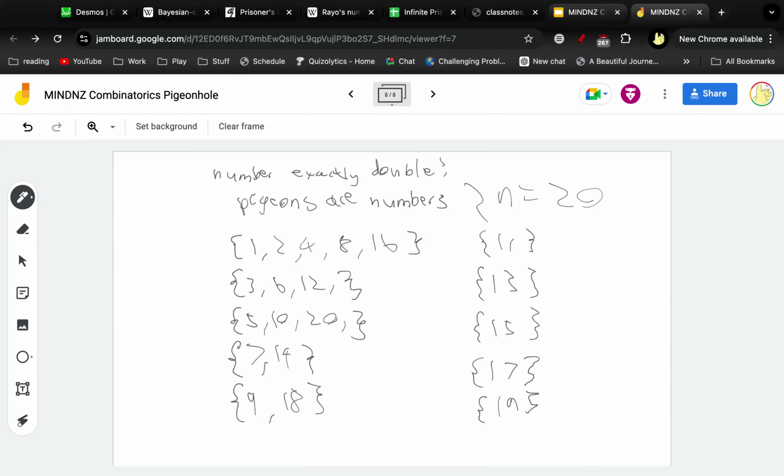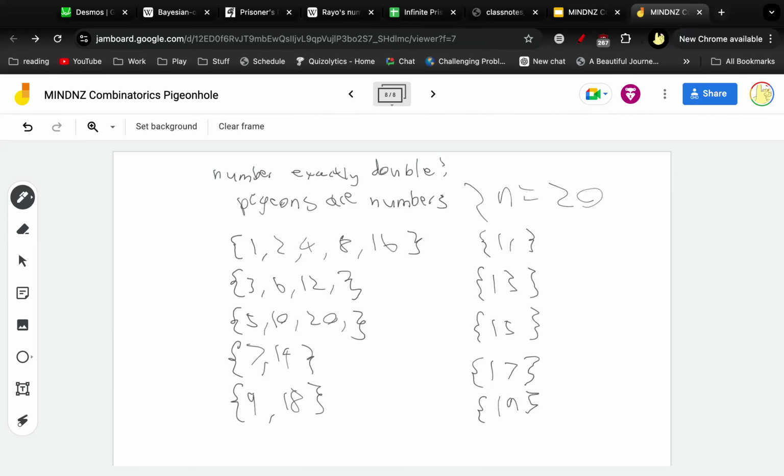Why should you have thought of this? Honestly, I think it's sort of the same stuff as before, right? Because you know that odd numbers are the hardest. So I think the reasoning is that you should base the pigeonholes around them, since odd numbers are the hardest to get to divide each other.